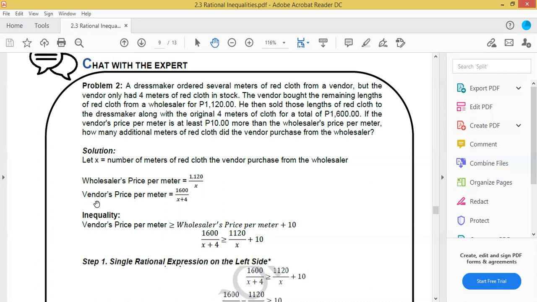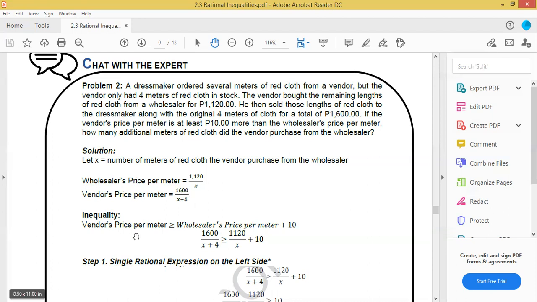And the vendor's price per meter is 1,600, the total sale price, divided by the number of meters from the wholesaler plus the 4 meters that were originally left from the vendor.